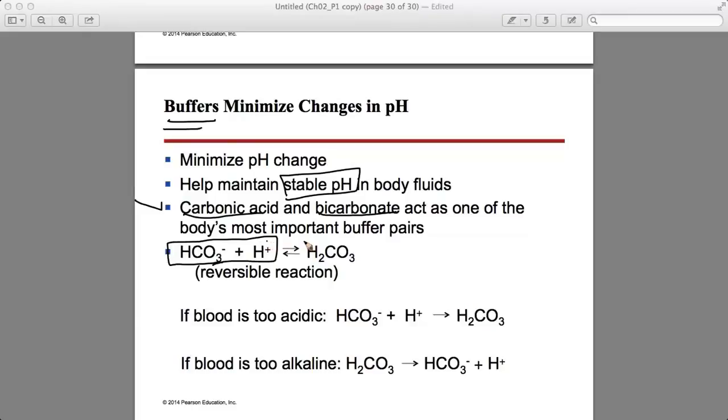That hydrogen will interact and form bicarbonate. And this reaction is reversible, meaning that it can go back and forth in an equilibrium condition. So if you have a lot of hydrogen, you're going to drive the reaction that way. And if you have very few hydrogens, it's going to drive the interaction this way.